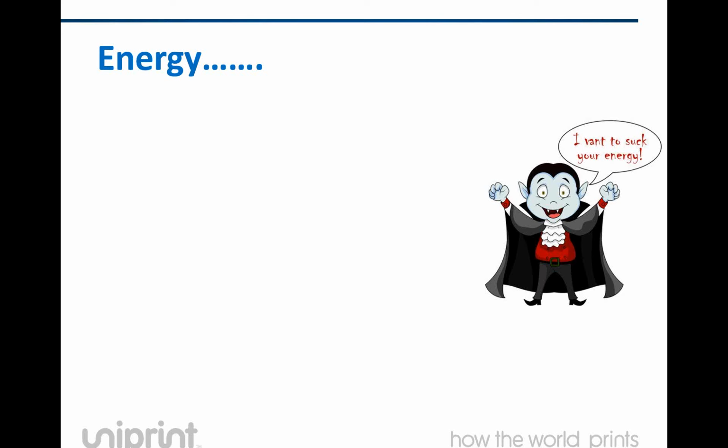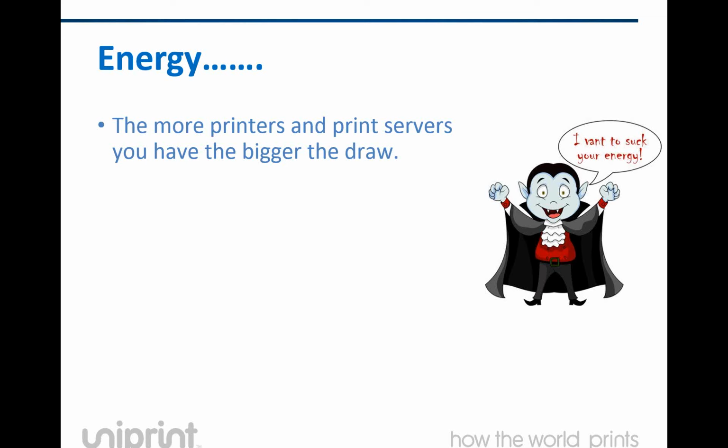So the more printers you have, and the more printers you have tends to lead on within a standard infrastructure to more print servers, the bigger the draw. And that's just standard physics. If you have more, you will need more, and therefore it will cost you more. So it's about rationalization within the print estate and how you do it, and therefore you have to think of the bigger picture.